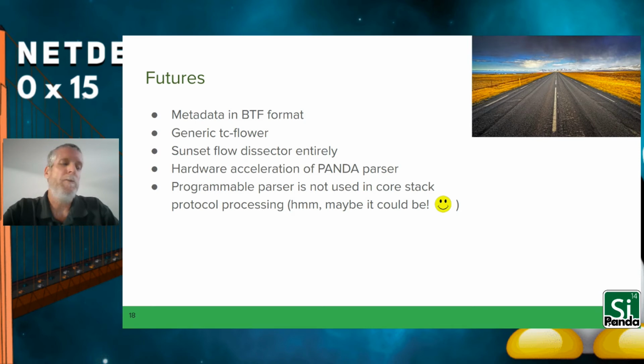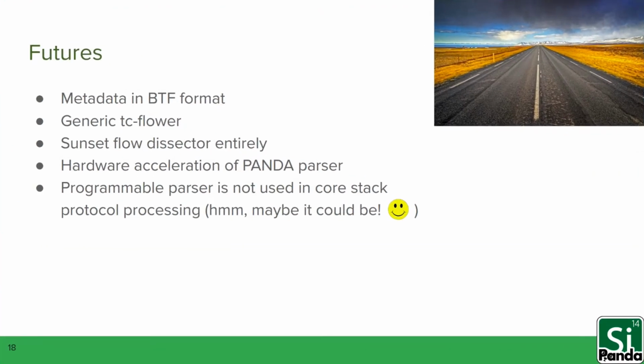The TC flower user space binary can consume this, and then it can create both the front-end command line API to create new fields for custom protocols, but it can also send those into the kernel in an abstract fashion such that we can synchronize, again, the producer and the consumer of the metadata structure. Linking all this together is how we can accomplish a very dynamic, very adaptable generic TC flower.